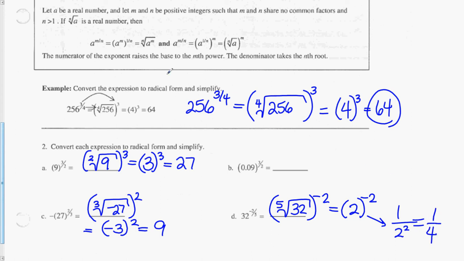Okay, so now I'm going to put in a blank page, and I'm going to go the other way. What if I gave you the 4th root of 8 to the 1 power? Well, you would write that as 8 to the 1/4.